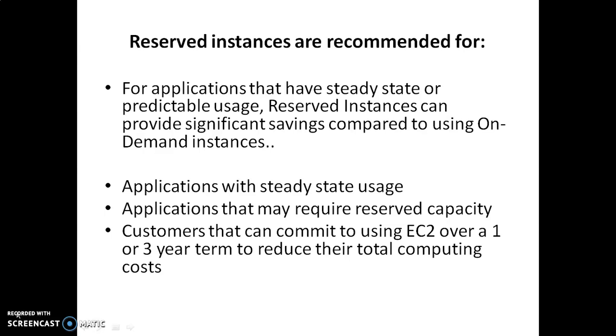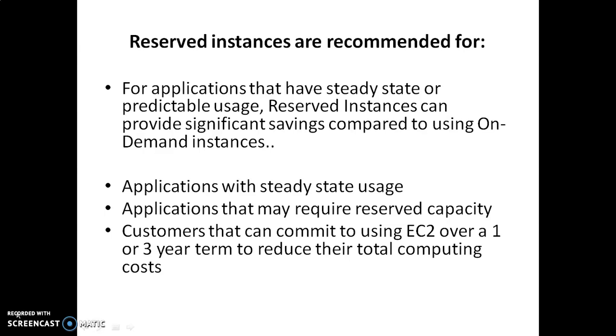Next, reserved instances, where are they recommended? Applications that have predictable usage, please have this as a mark. Predictable usage is where you are gauging the traffic to be within a range. Traffic has to be predictable, because reserved instances can provide significant savings compared to on-demand instances.